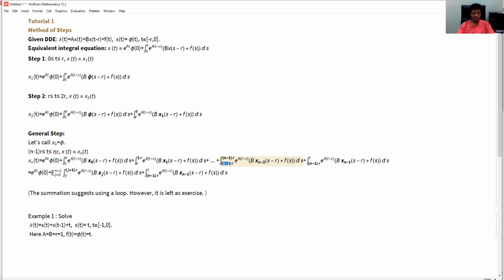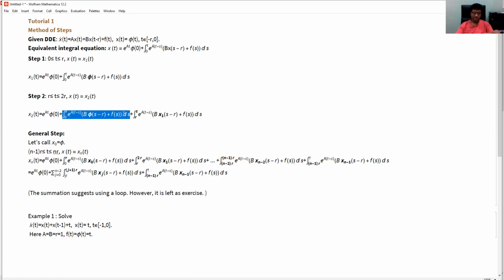Actually this summation suggests using a loop. A for loop can be used, and a very nice program can be written for method of steps. But instead of using a program, I will put these steps as they are. Of course I will not compute these terms again and again. If e raised to at into phi of 0 is there, then I will not compute it again.